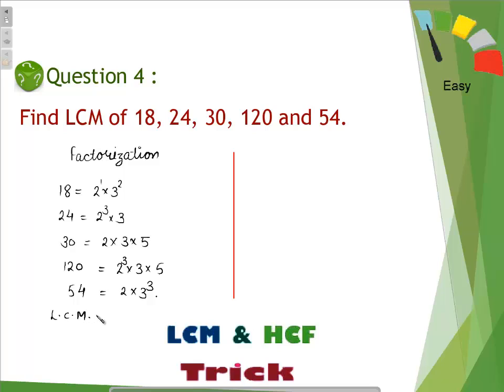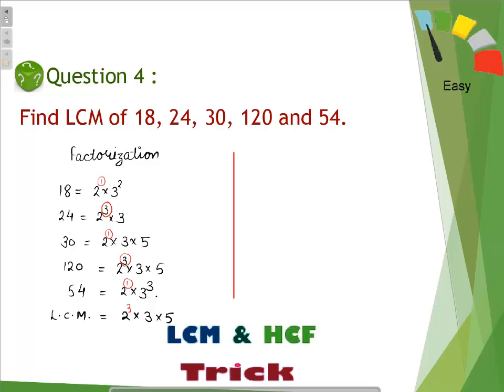Write all the primes, which are 2, 3 and 5 in this case, and we will take the highest power. In case of 2, we are getting these powers: 1, 3, 1, then 3, then 1. We will select the highest one, which is 3.